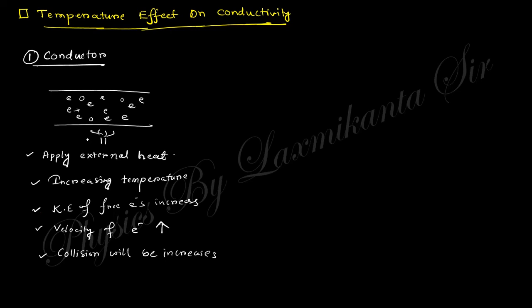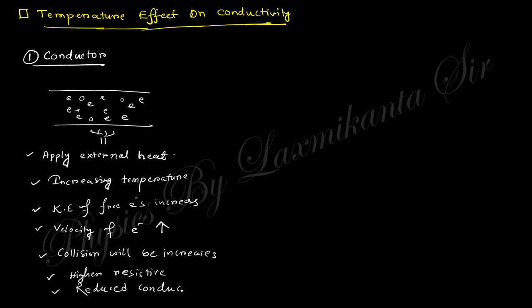This higher collision makes it more resistive. The flow of electrons is the current flow, and this collision means it becomes more resistive, that is, conductivity is reduced.